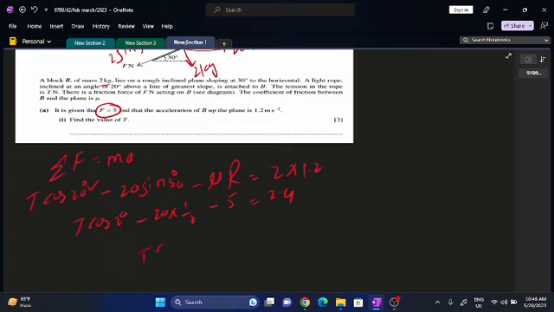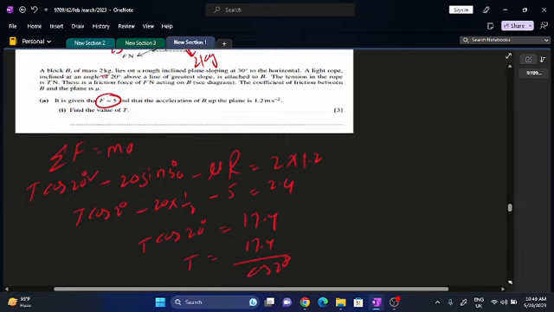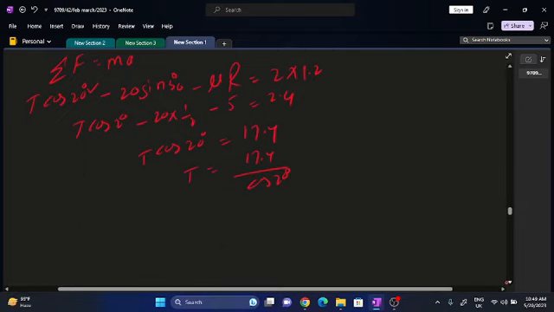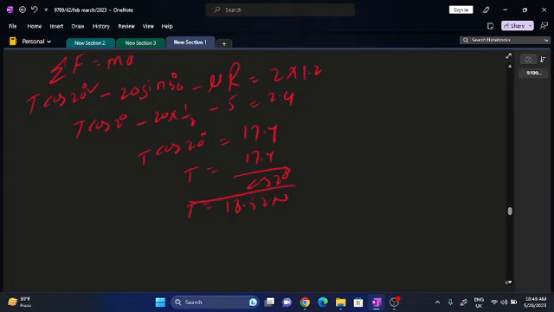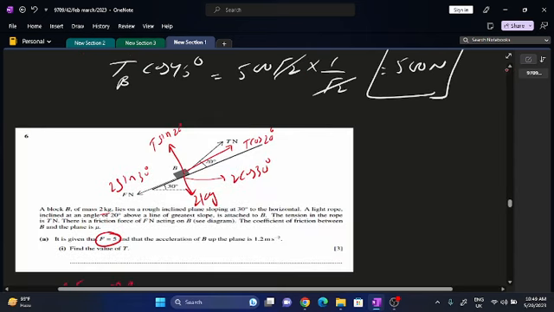After that, T cos of 20 degrees equals 17.4, and T would be 17.4 divided by cos of 20 degrees, so T would be 18.52 Newton. That is the answer for the tension, for part A.